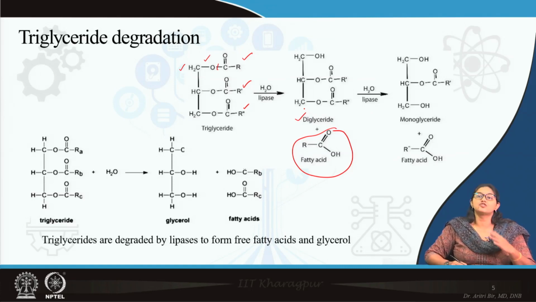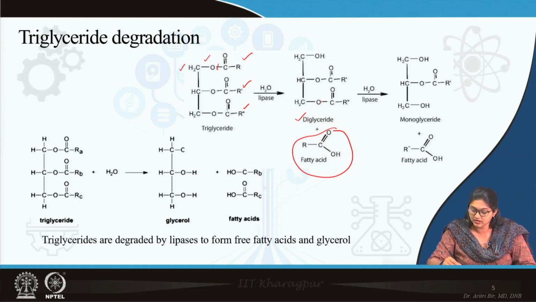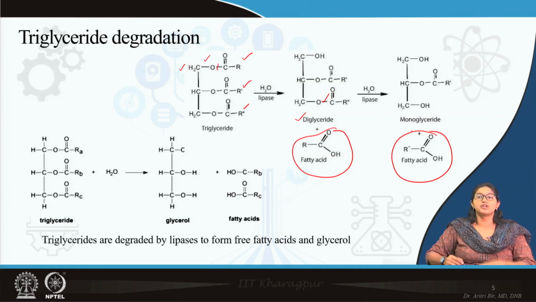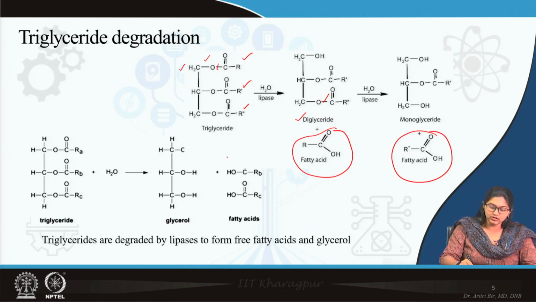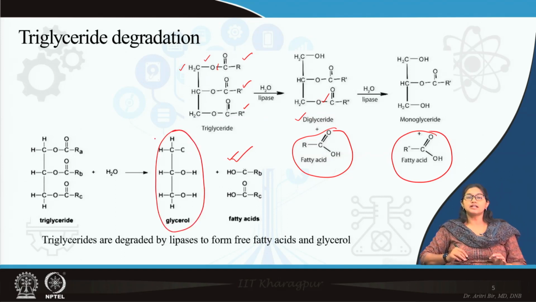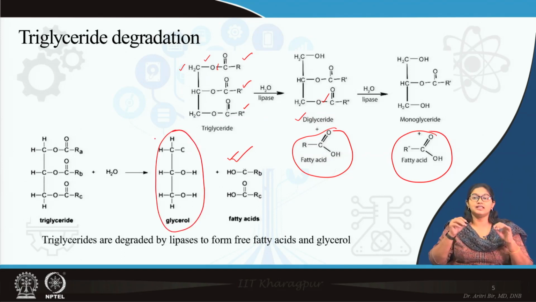Then again lipase works on another ester bond here. So, it again gives rise to another fatty acid to generate a monoglyceride. Finally, this monoglyceride is broken down, and the ultimate product of triglyceride breakdown is 3 fatty acids along with 1 molecule of glycerol. There are 3 ester bonds, and these are not always broken down by all the lipases.